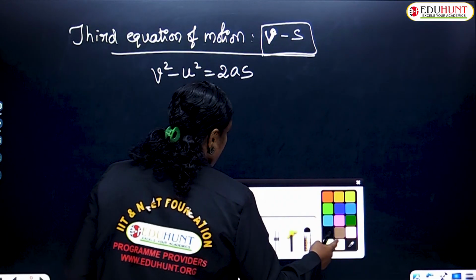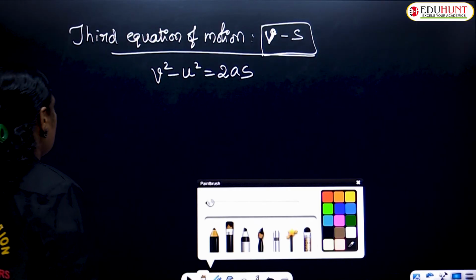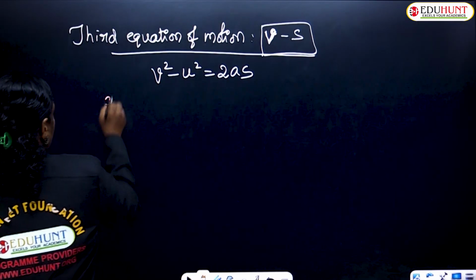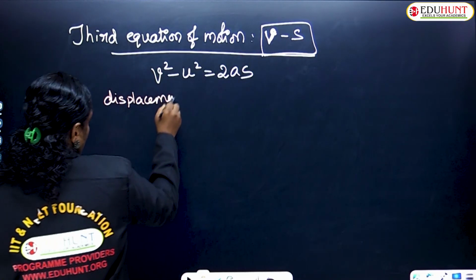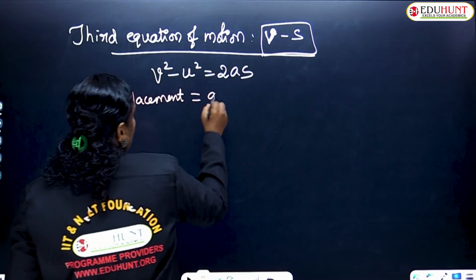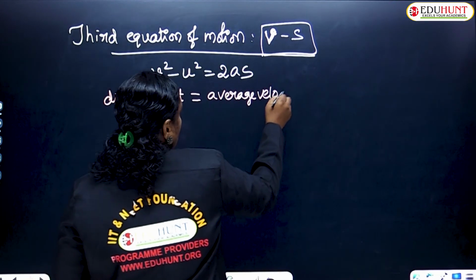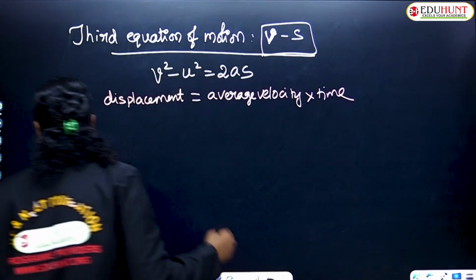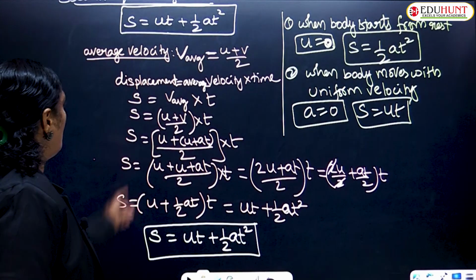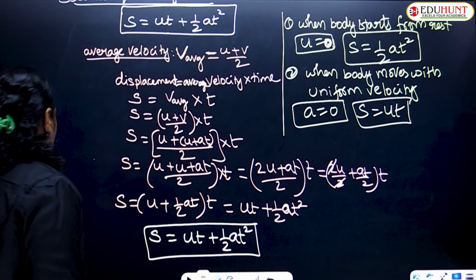In order to understand this properly, let us consider this. We know that displacement is given by average velocity into time, which we have already discussed in the previous concept. So displacement equals average velocity into time, isn't it, children?